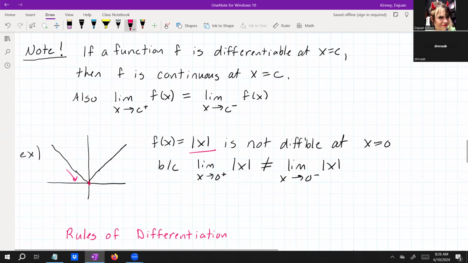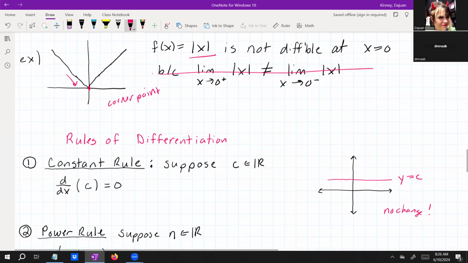Our slope here is negative, and here it's positive. We just have a corner point. We can't take the derivative there because it's a sharp corner. So the other thing is just be careful that your slopes don't agree. Anyway, we'll leave that there.